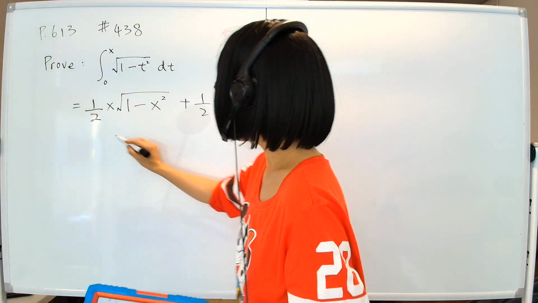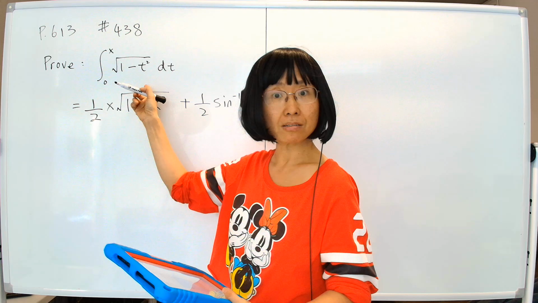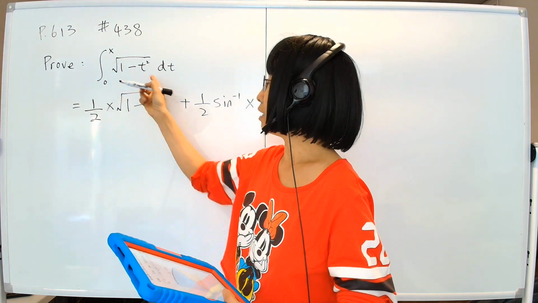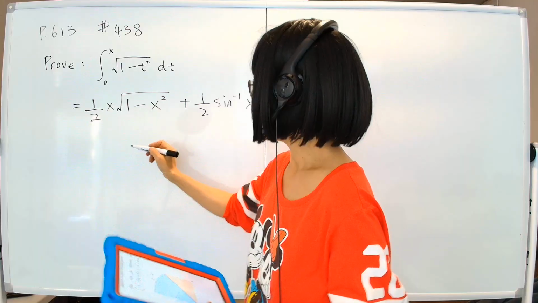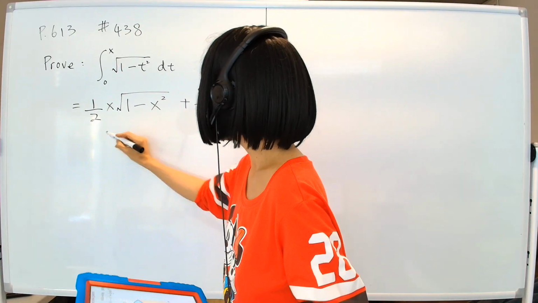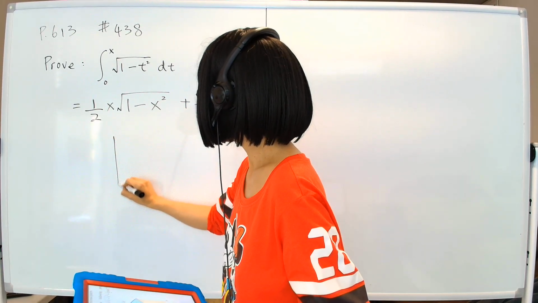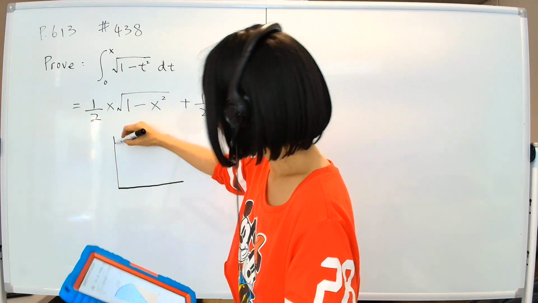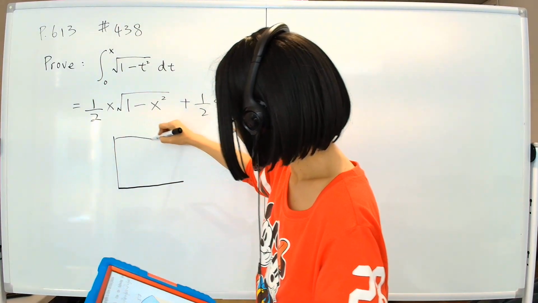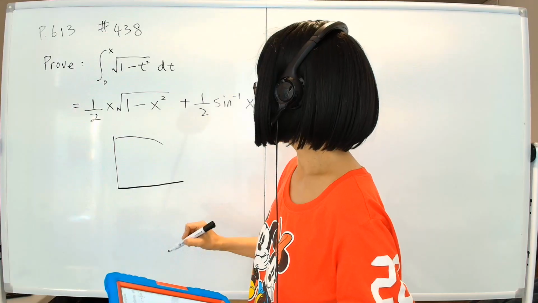Now this is actually a circle. You have to recognize that. That's the formula of part of a circle. So we'll draw a circle, and the circle goes, we'll just stop here, okay?